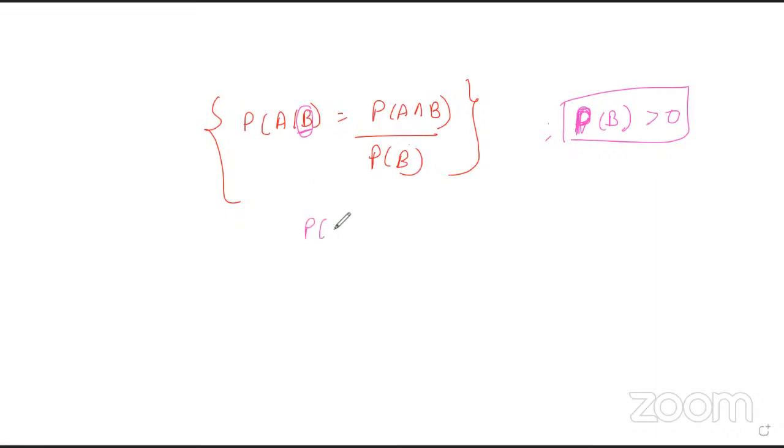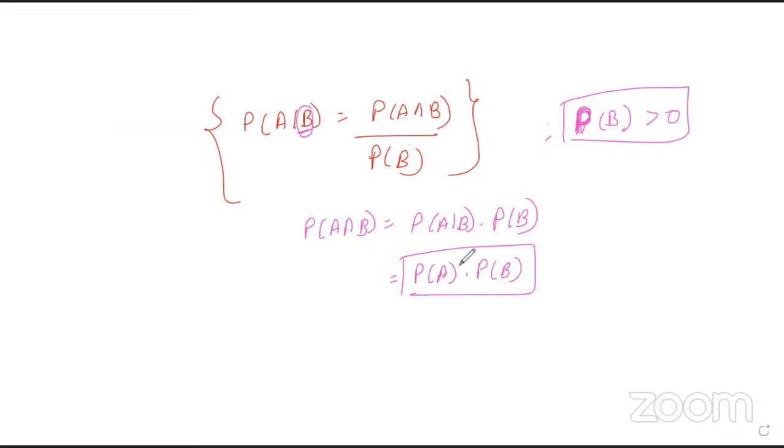So when we write A intersection B as probability of A given B into probability of B, and we say that these two are independent, then for independent events this term is also assumed to be greater than 0.